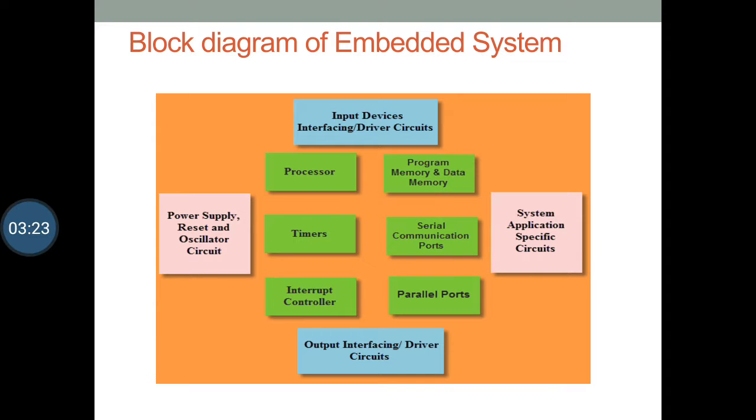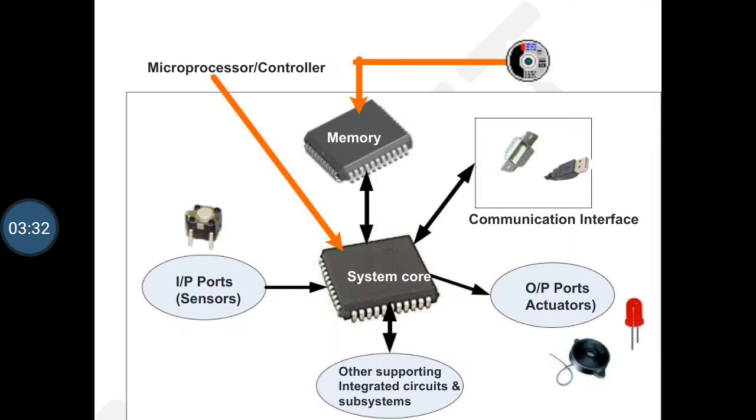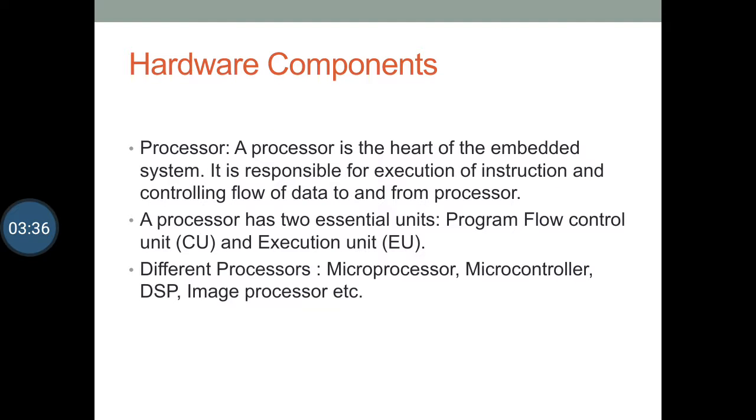A processor has two essential units. First is the program flow control unit, that is CU, and second is the execution unit, that is EU. The CU includes a fetch unit for fetching instructions from memory.